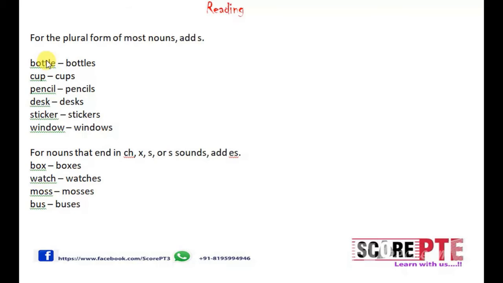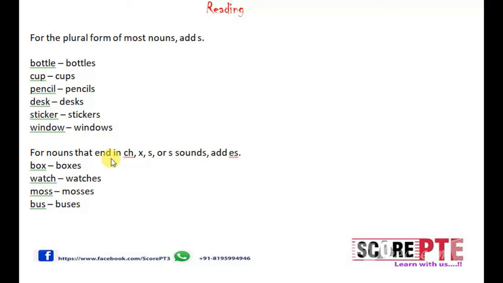It means one item and more items. For the plural form of most nouns, add s: bottle, bottles; cup, cups; pencil, pencils; desk, desks; sticker, stickers; window, windows. These are the singular items, and those are plural items.